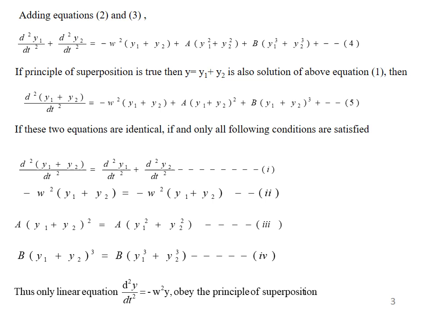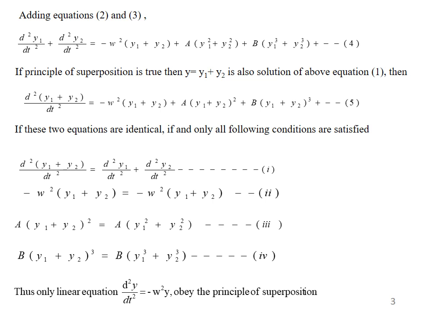From these conditions, it is seen that only conditions first and second are true, but conditions 3 and 4 are true only if the constants a and b are identically 0. In other words, our assumption that y is equal to y1 plus y2 is a solution of equation 1 holds if the non-linear terms a and b are absent.